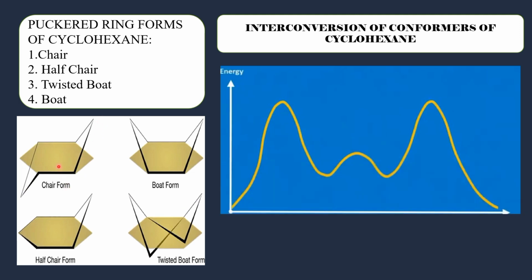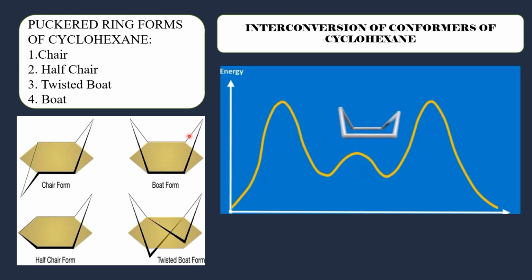We can convert this chair form into another chair form by lifting this down carbon up and this up carbon down. First, when we lift this down carbon up gradually, it becomes a half chair. Still when we lift it up, it becomes a twisted boat and then it becomes boat.